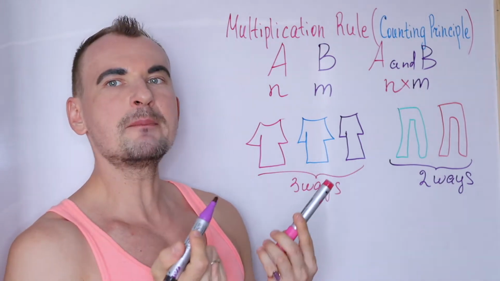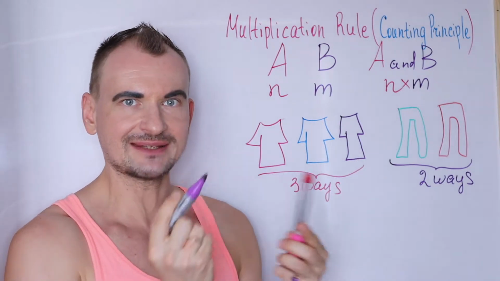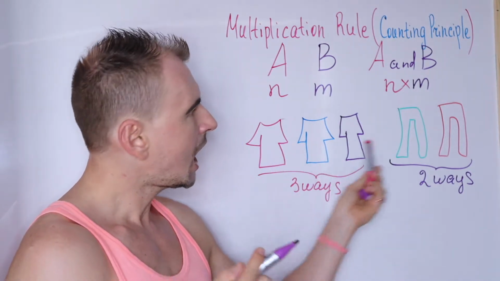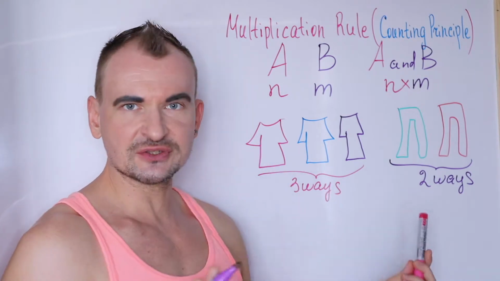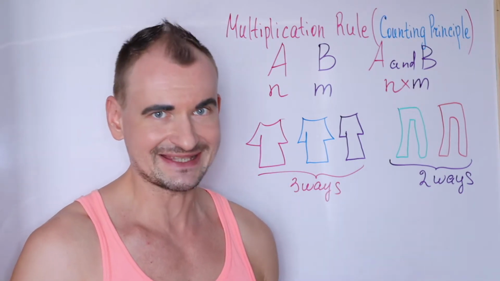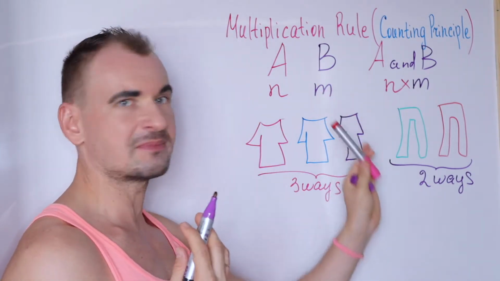So the total number of combinations, when you combine a t-shirt and trousers, can be done in 3 times 2 different ways, which is basically 6. So at this point, all you need to do is apply the multiplication rule.